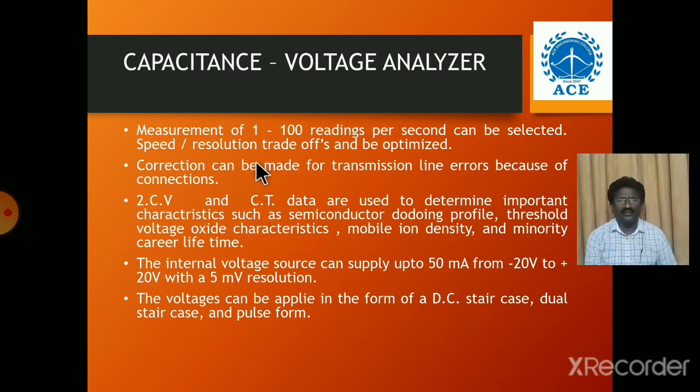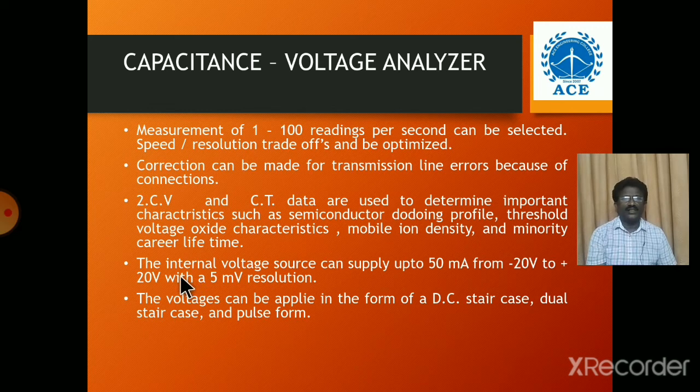So here measurement of 1 to 100 readings per second can be selected, with speed and resolution trade-off and optimized. Correction can be made for transmission line errors because of connections. Capacitance versus voltage and capacitance versus time data are used to determine important characteristics such as semiconductor doping profile, threshold voltage, oxide characteristics, mobile ion density, and minority carrier lifetime.